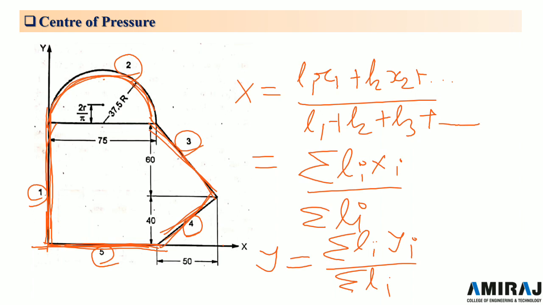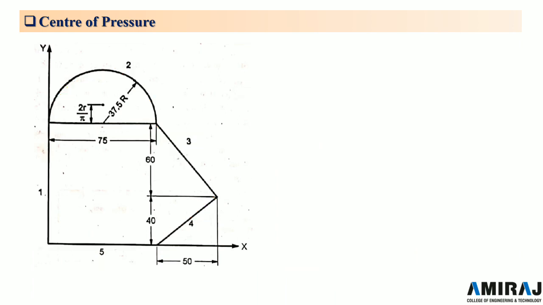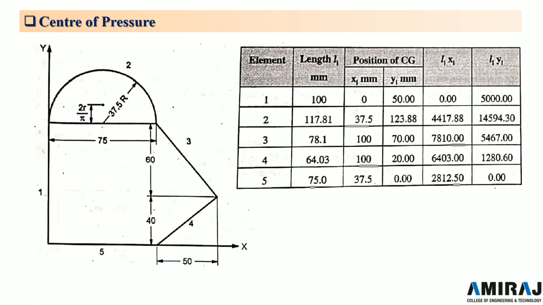So the calculation can be best set in the form of a table. Here we can see the calculation is given. The length L1 here is 100 mm, then there are 2, 3, 4 and 5. The total length is calculated and given. For 1 the length is 60 plus 40, so it is 100 mm.